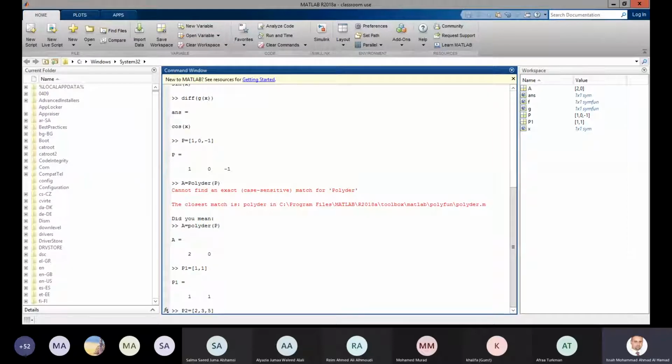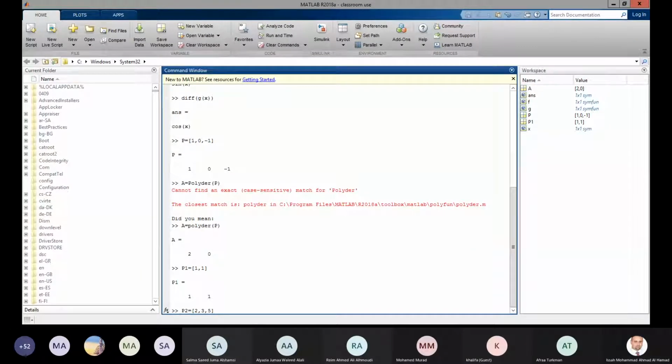Usually, if you do this manually, you either multiply the first polynomial with the other and then find the derivative, or you use the product rule, which says f1' multiplied by f2 plus f2' multiplied by f1, if you remember this rule.